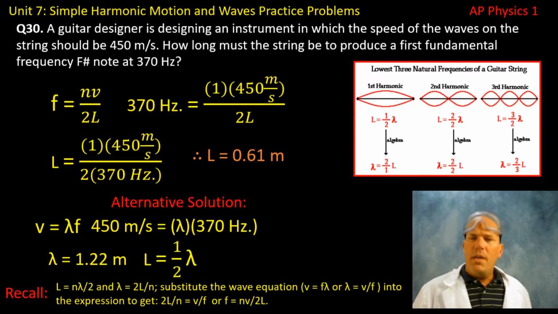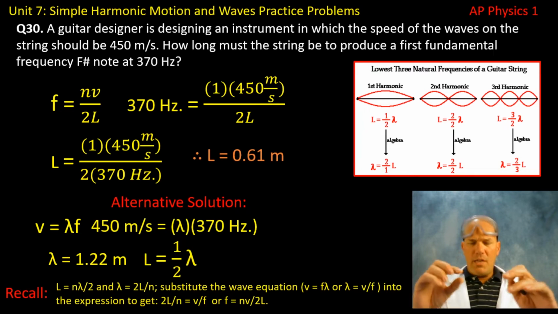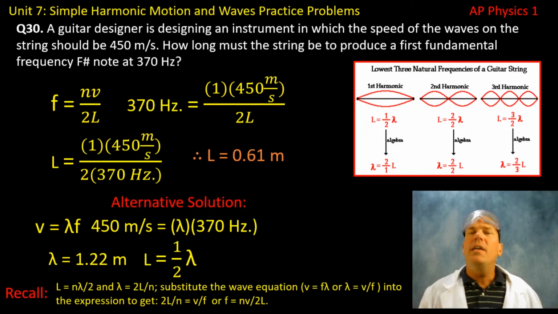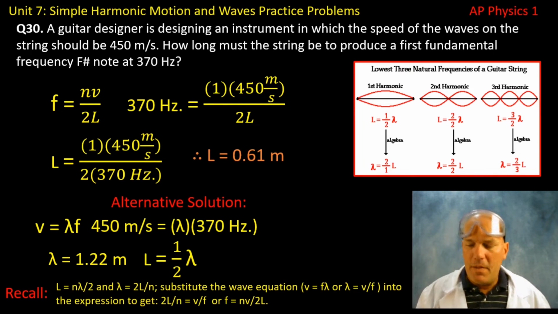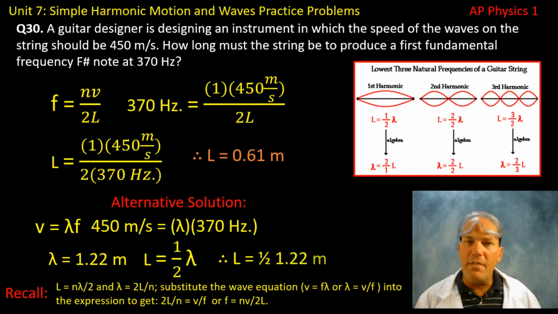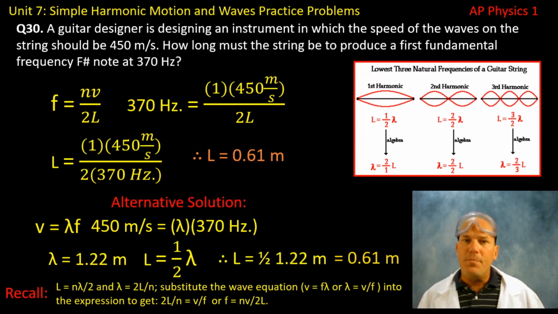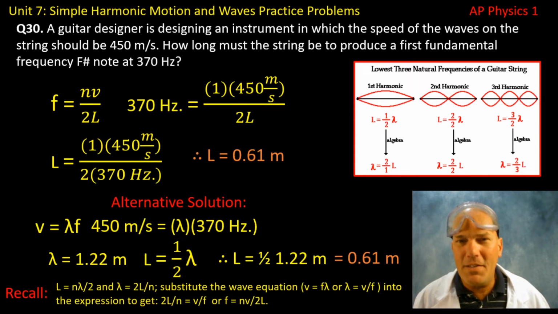We also know that for a string attached at both ends, the length of that string is equal to 1/2 of lambda. Those discrete intervals of 1/2 is where we see this standing wave pattern. Therefore, the length is equal to 1/2 of our newly calculated lambda of 1.22, which gives us an answer identical to the first approach of 0.61 meters.